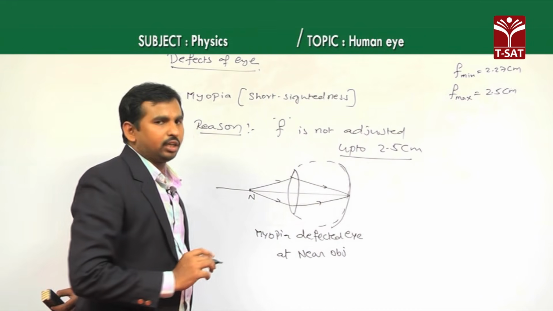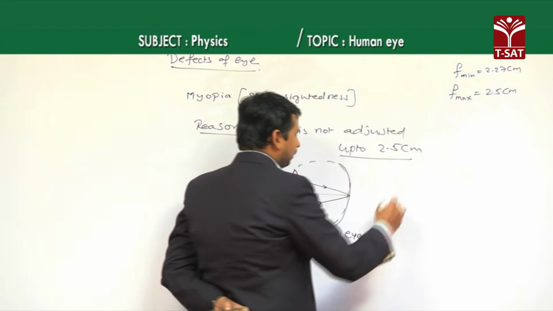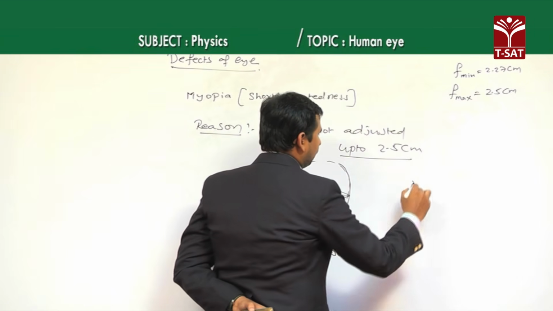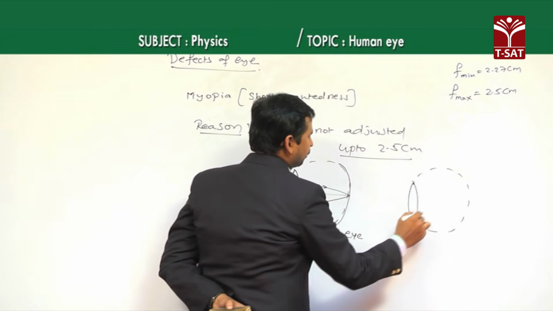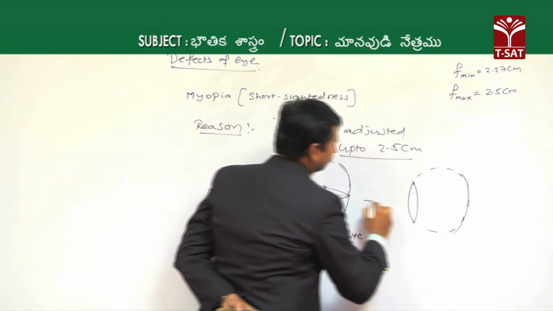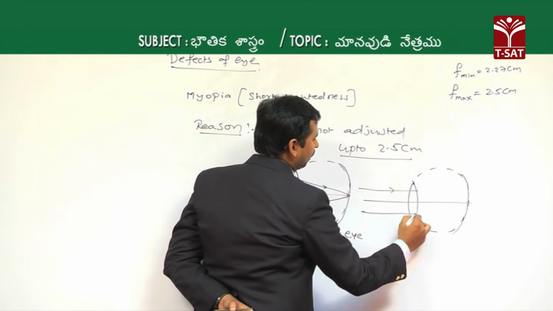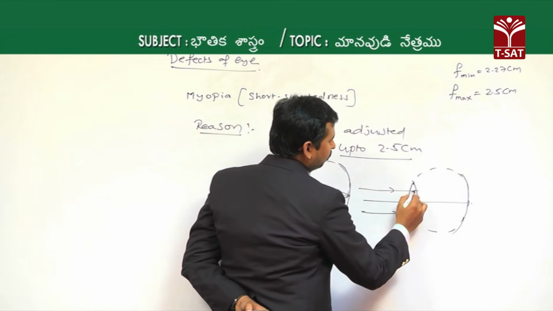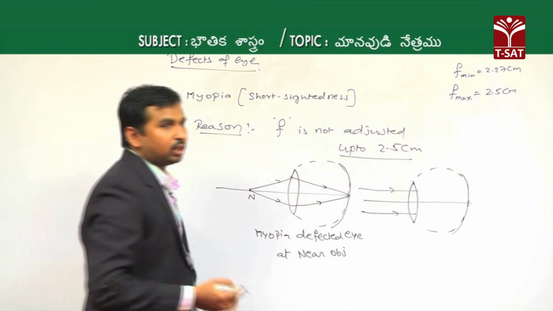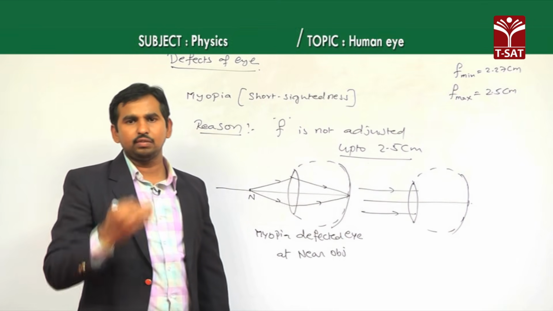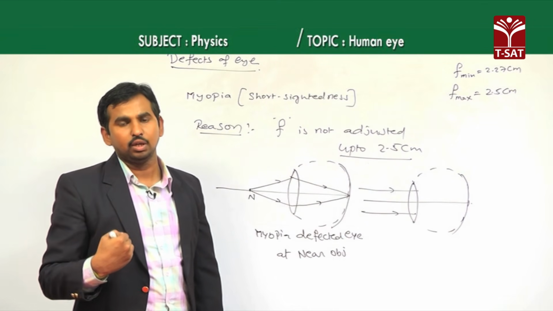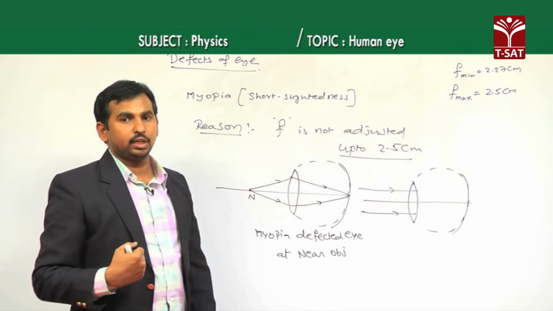Now if the object is at far distance, the light rays are coming parallel to each other. As the focal length is not adjusting up to 2.5, it is always less than 2.5 only. So that is why the convergent point changes.